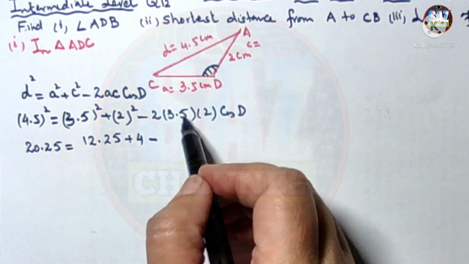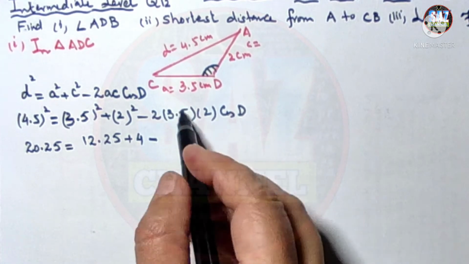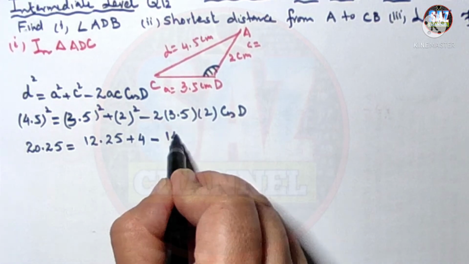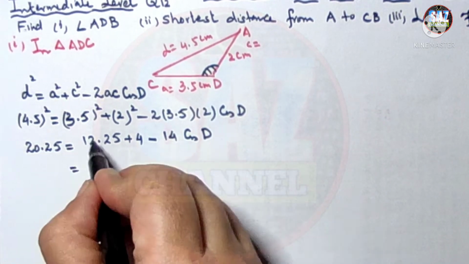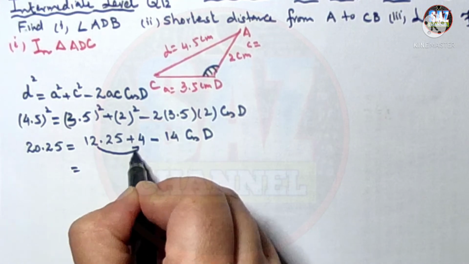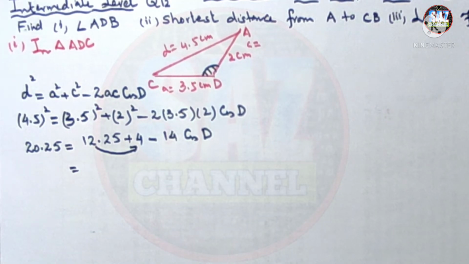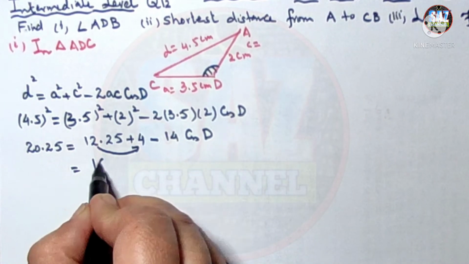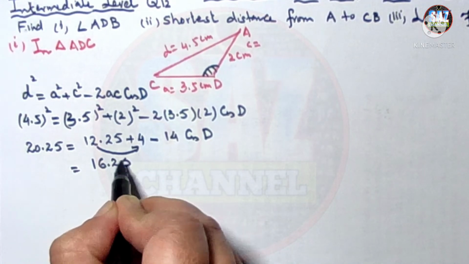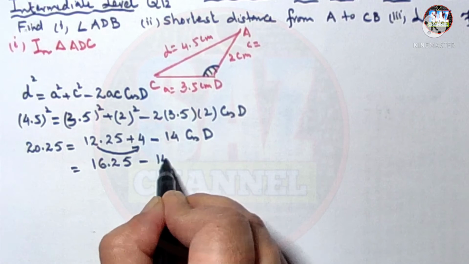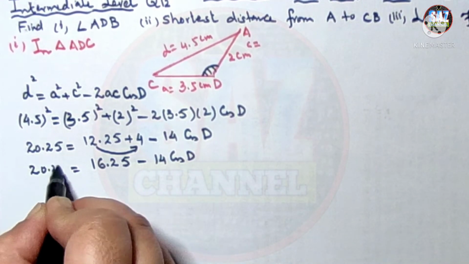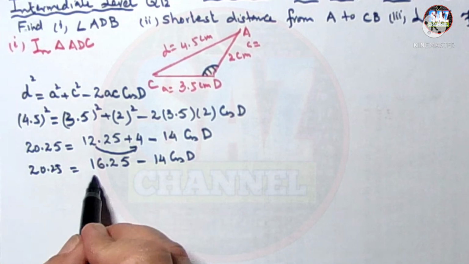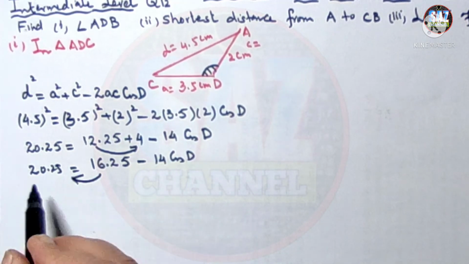This is 3.5 times double is 7, and 7 twos are 14 cos D. Now first add up 12.25 to 4. This is 16.25, minus 14 cos D, and here we have 20.25. Now what we have to do, we have to shift this 16.25.